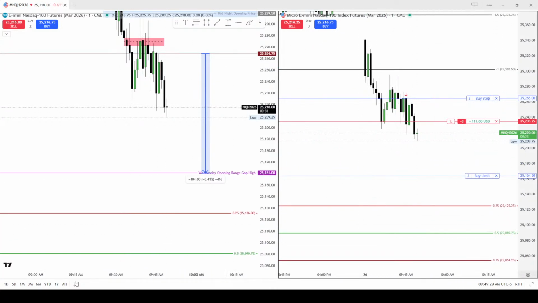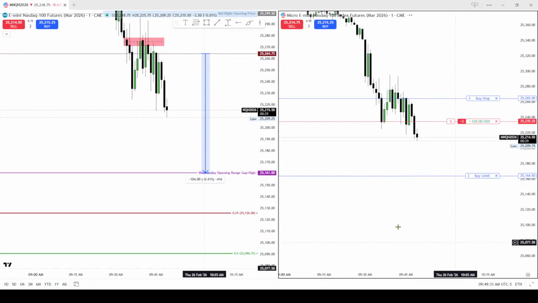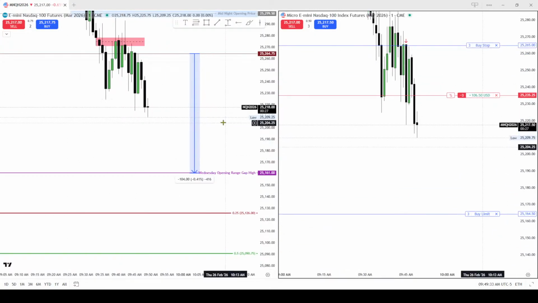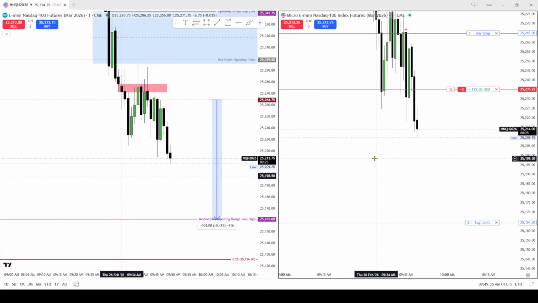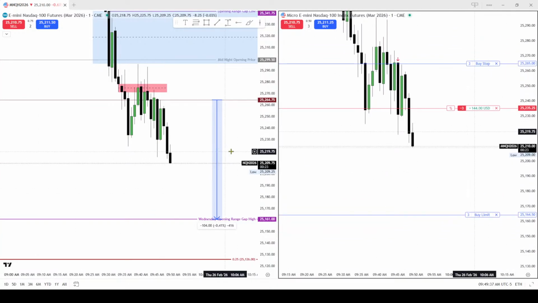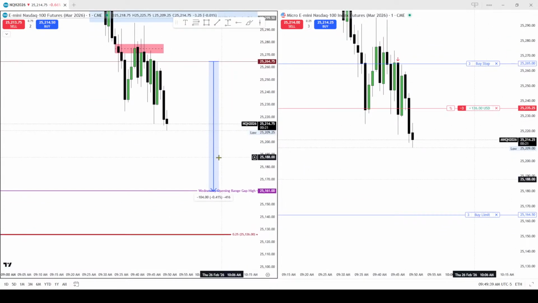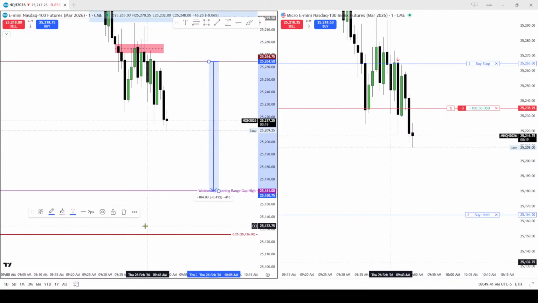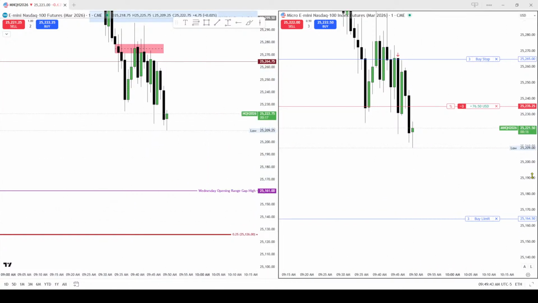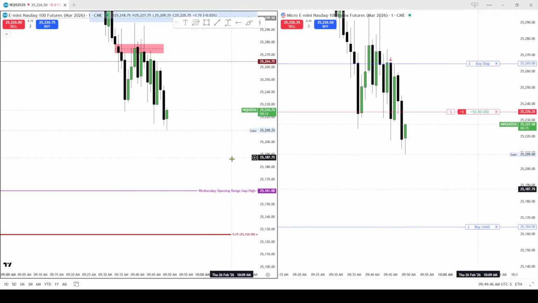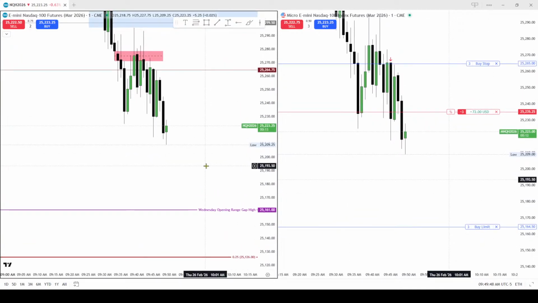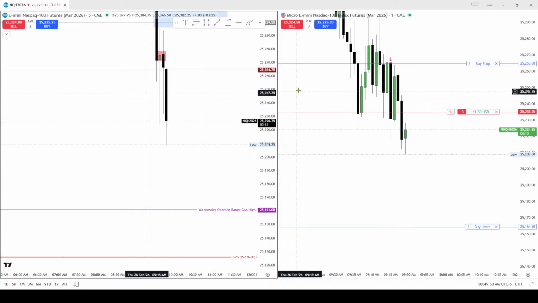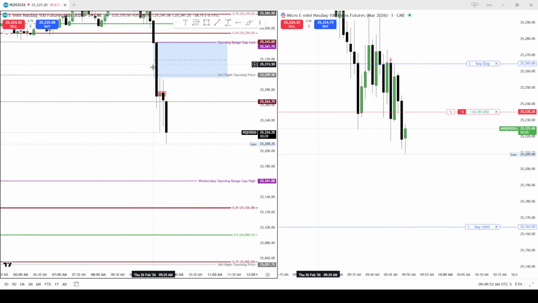So again, my target is yesterday's opening range gap high, sorry. And on the 5 minute, I want to see that bear breakaway gap.